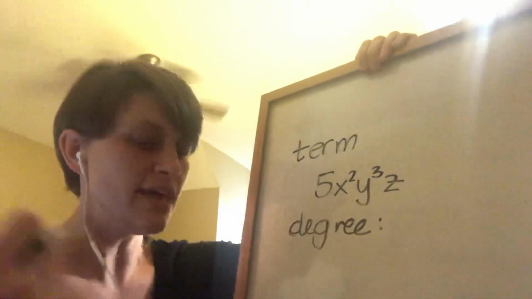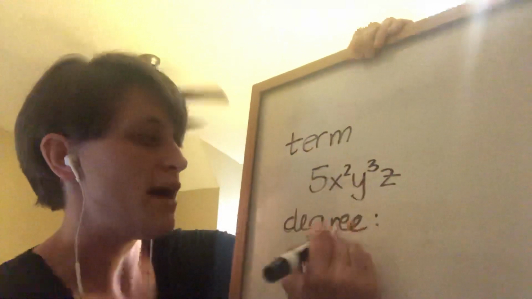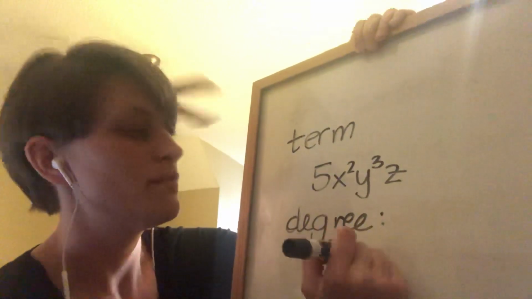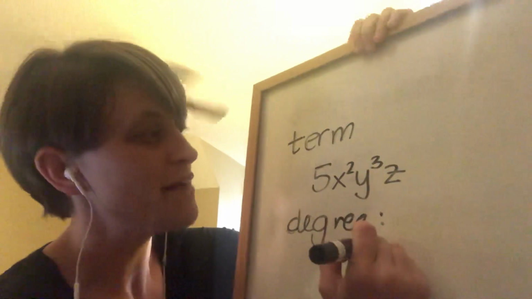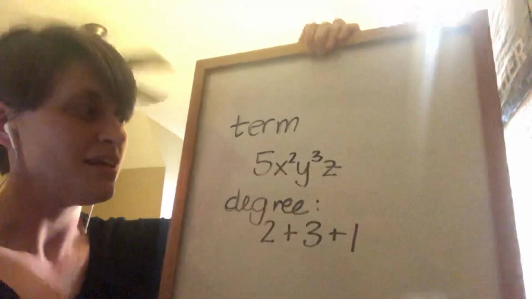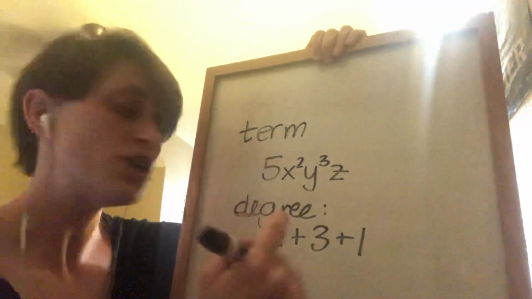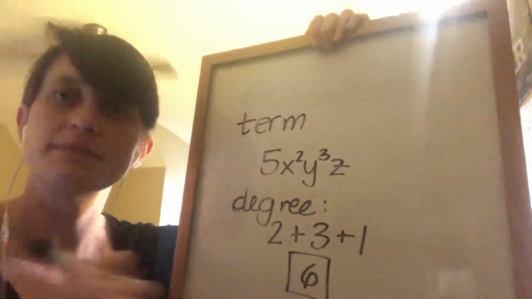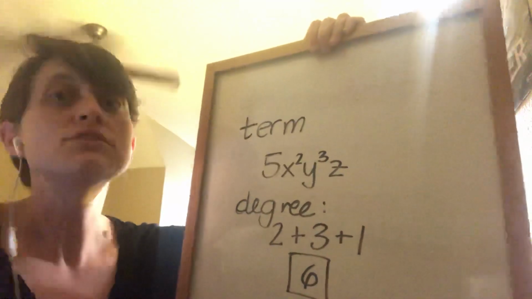If we look at all the exponents on the variables, we have 2 on the x, 3 on the y, and we have a 1 on the z. So the degree of this term is 2 plus 3 plus 1, 6.